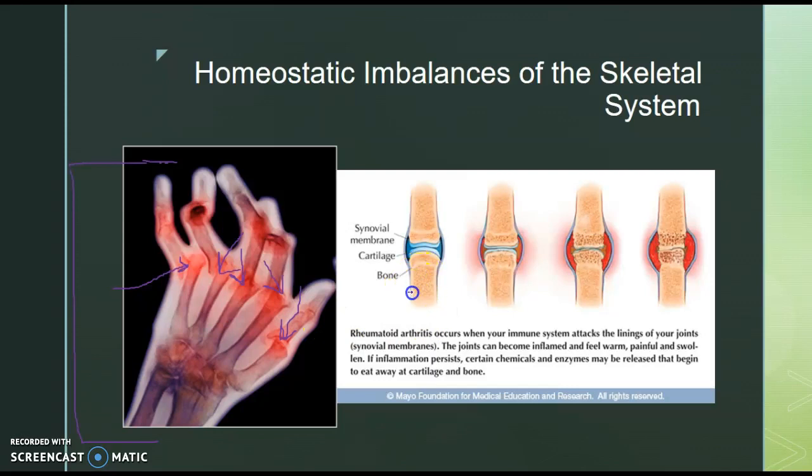And then you can see over here, this is normal. We have our nice capsule, we have our nice cartilage, we have some fluid inside of there, and the pannus is where we get this inflammation of this synovial joint, this thickening of it, to the point that the bones become deformed and almost fuse together.